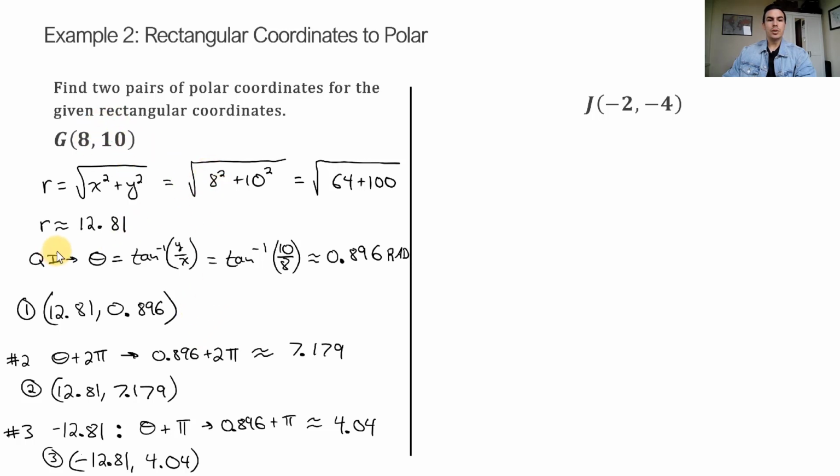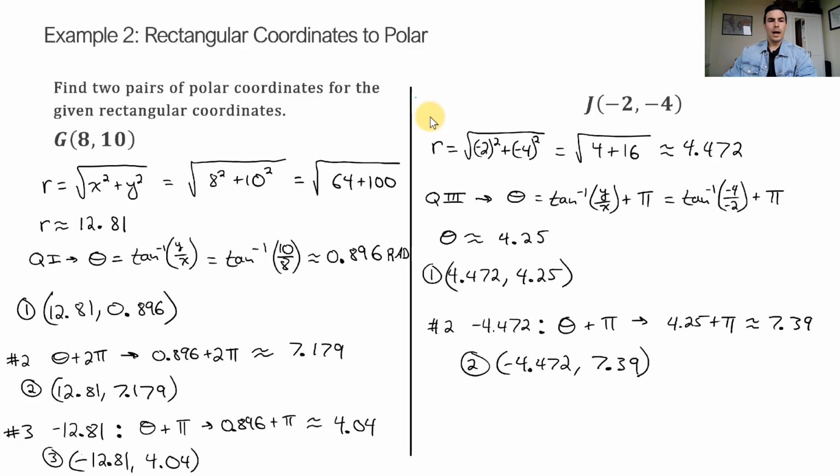Using that logic, guys, go ahead and see if you can find just 2 polar coordinates for these given rectangular coordinates of -2, -4. Pause the video, see if you can find it. I got 4.472 for my r value, and for my original theta value, that was 4.25.